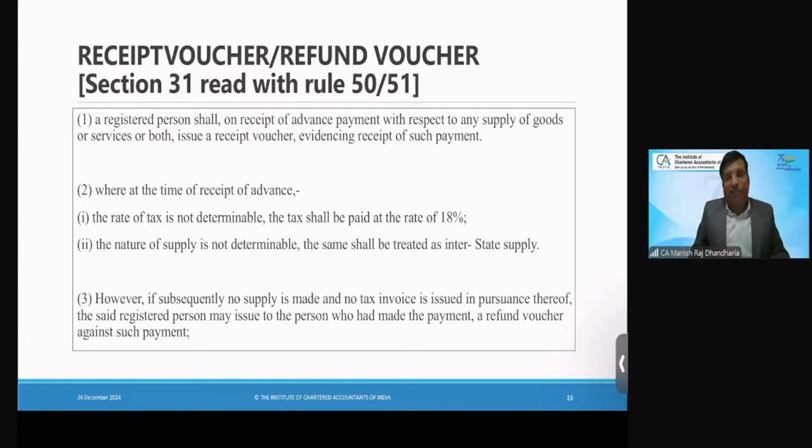Banquet and catering services. In case of catering services, GST rate is 5%. But if you take only banquet, then GST rate is 18%. I went to one banquet hall and I negotiated, I discussed the deal.